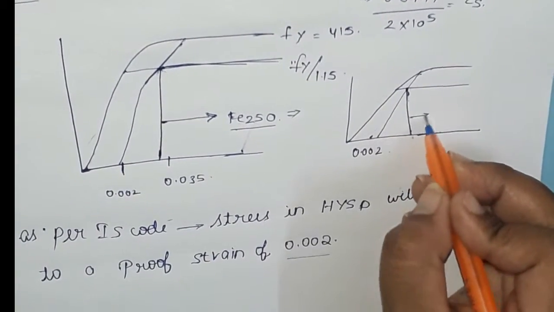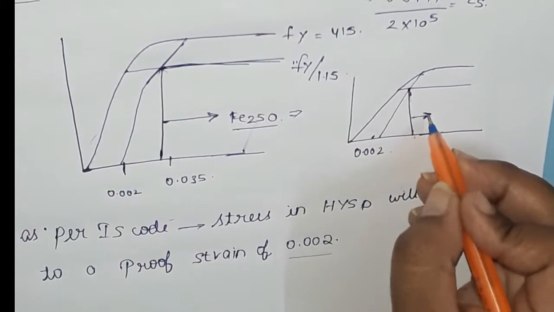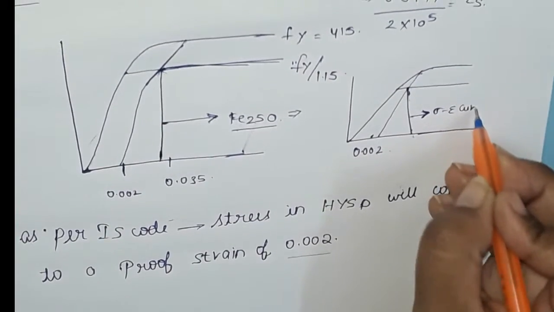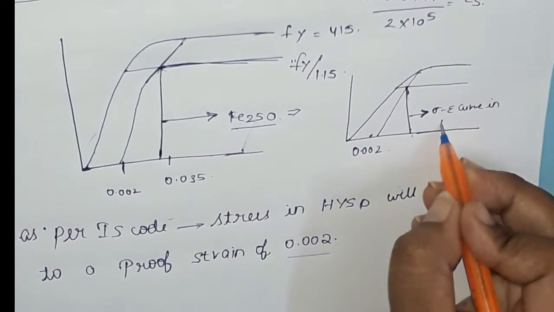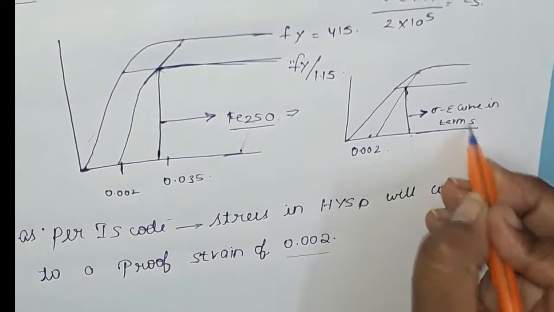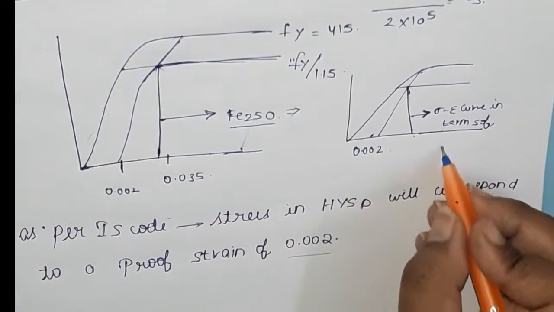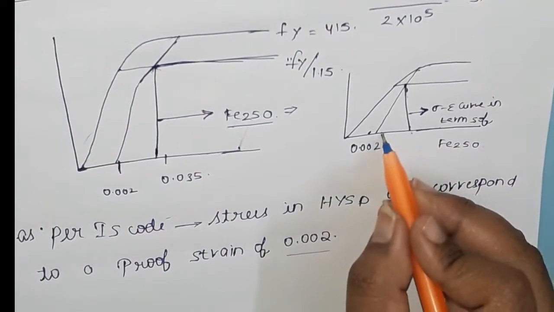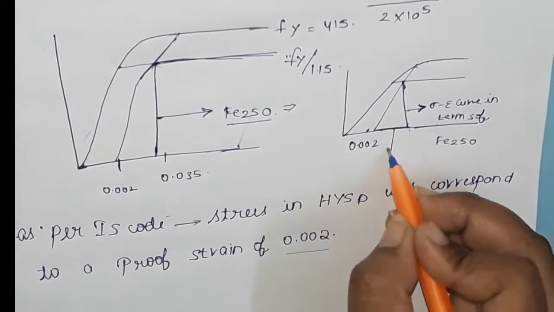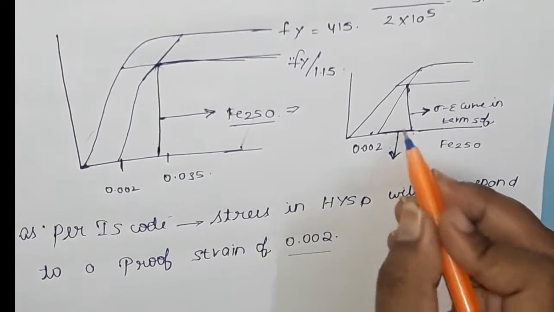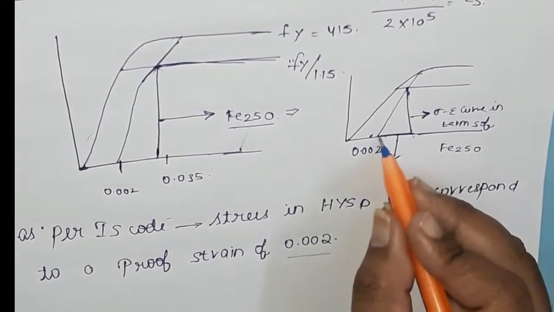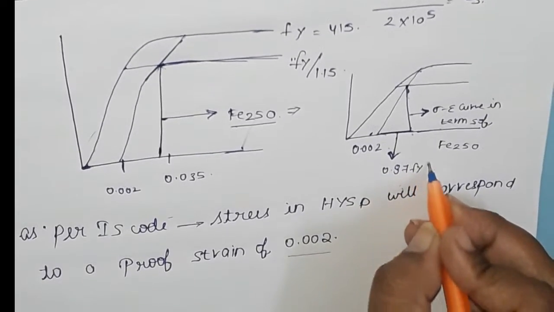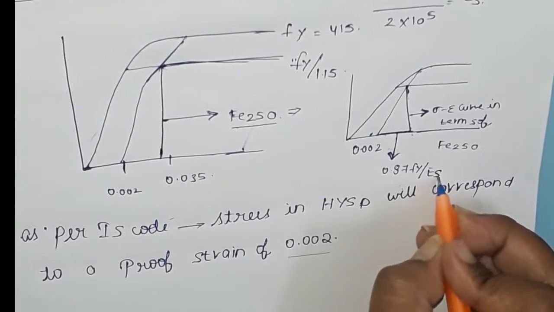So this line is similar to the stress strain curve in terms of Fe 250. So obviously this line is going to represent the stress strain curve for Fe 250. So obviously this value is equal to 0.87 Fy by Es, or Young's modulus of steel.